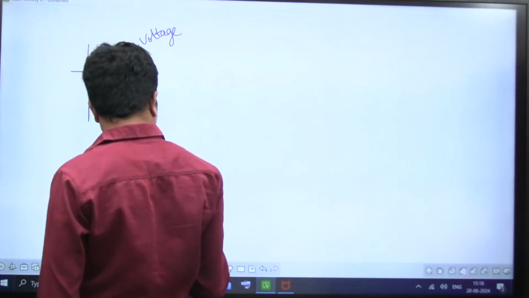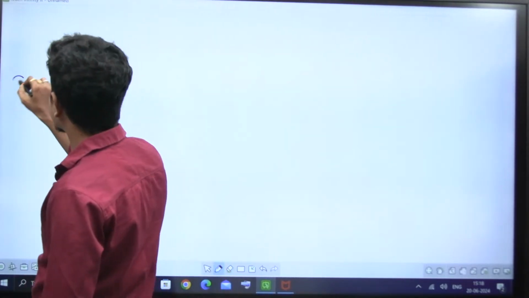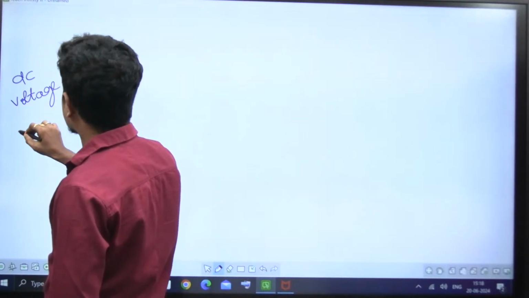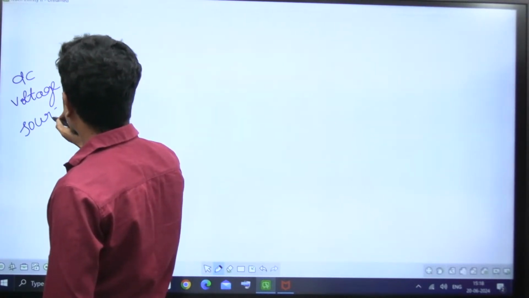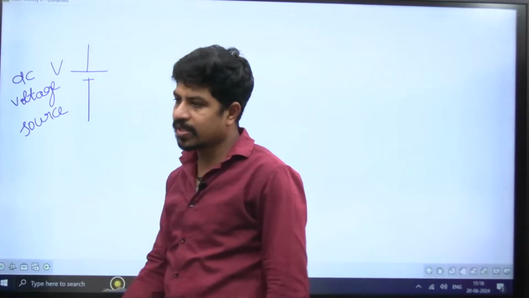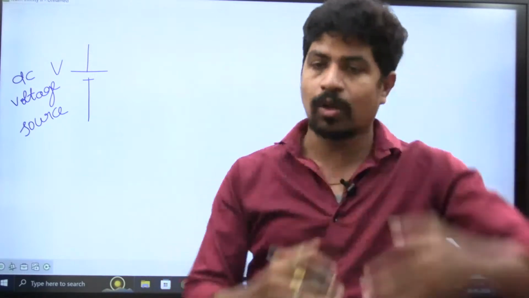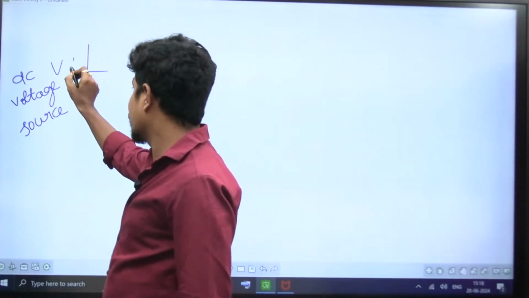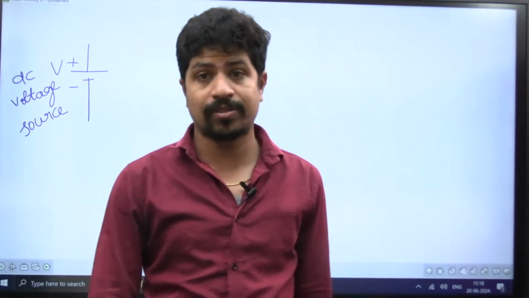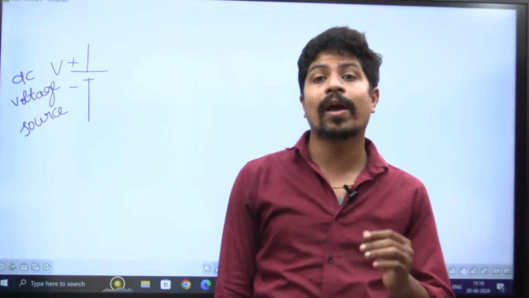This is the symbol of a DC voltage source, and we represent it with V. It has two plates, one bigger and one smaller. Most of the time, the bigger one is taken as plus and the smaller one as minus. Voltage is going to have polarities, and current is going to have direction.